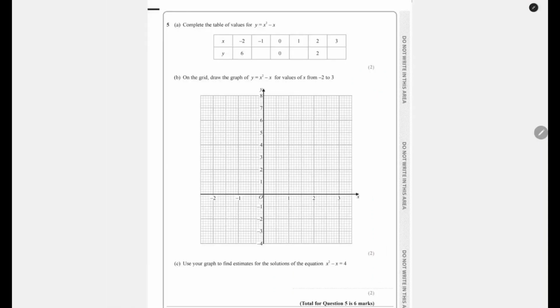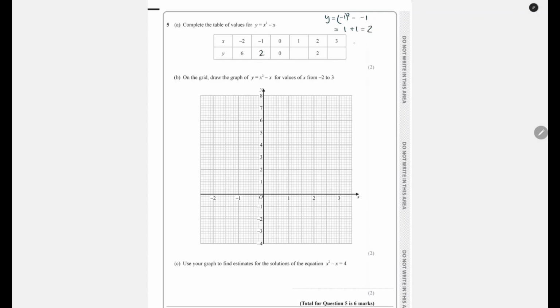Question 5a says, complete the table of values for y equals x squared minus x. So all we're going to do is plug our x values into the equation to get the value of y. So when x equals minus 1, we have y is equal to minus 1 squared minus minus 1. That's equal to 1 plus 1, which is equal to 2.